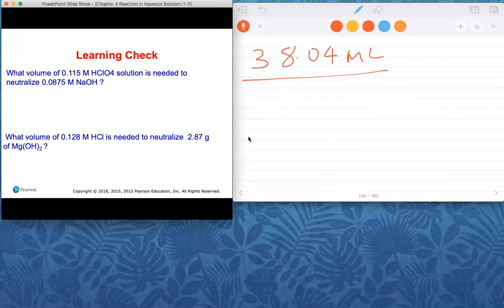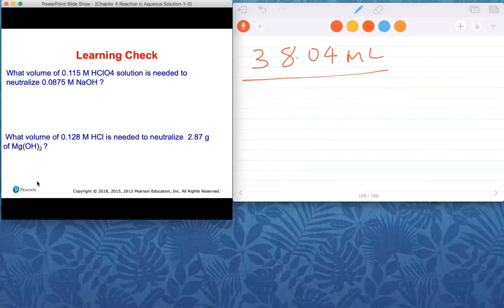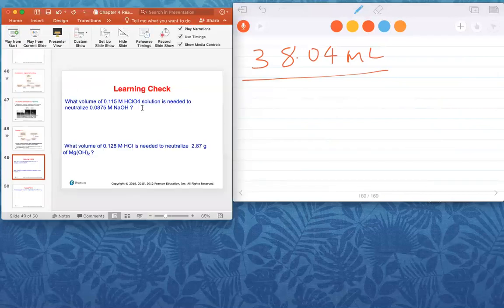Somebody was asking, can we use M1V1? There is a typo here. Please allow me to go back here, because there is needed to neutralize 50.00 ml of.